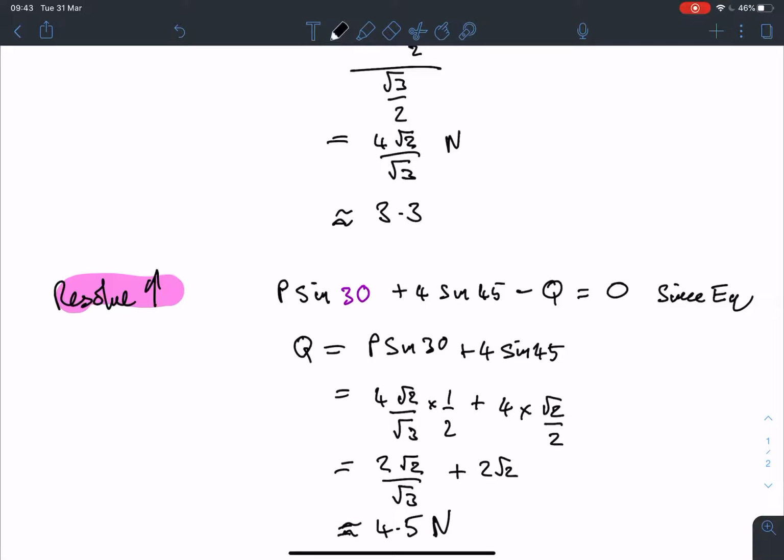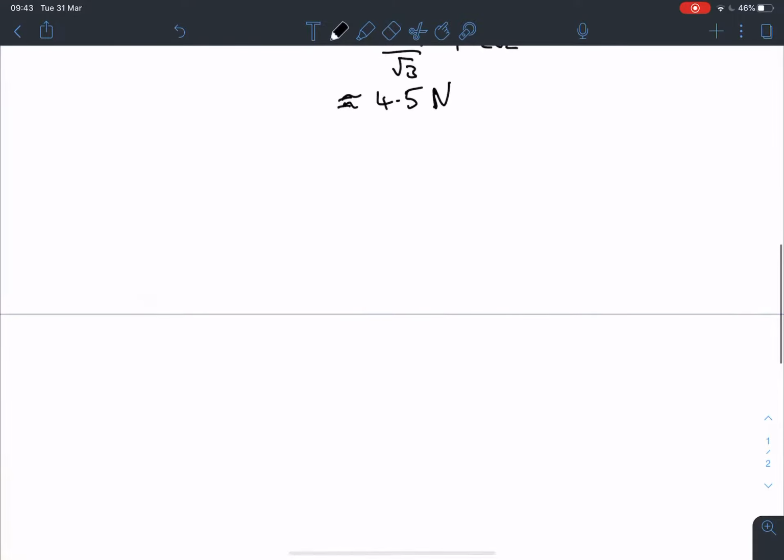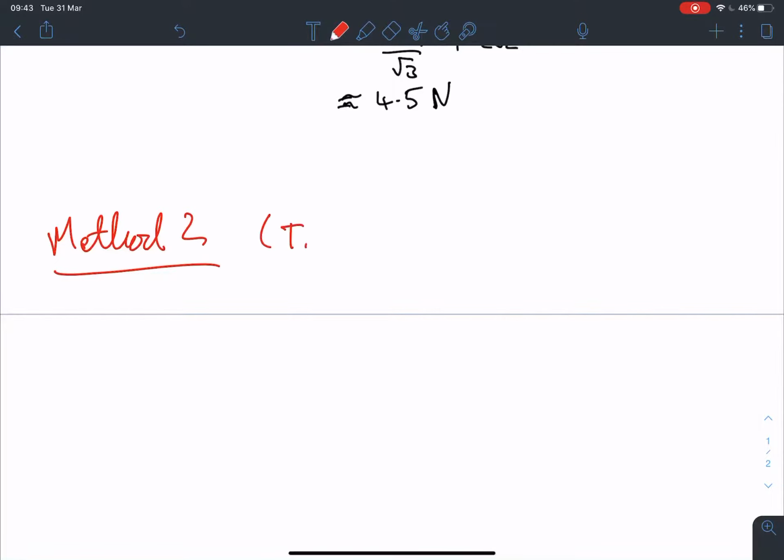There is a second method for approaching that question. And the second method is quite useful in some exam style questions. So method 2 is a trig kind of method.